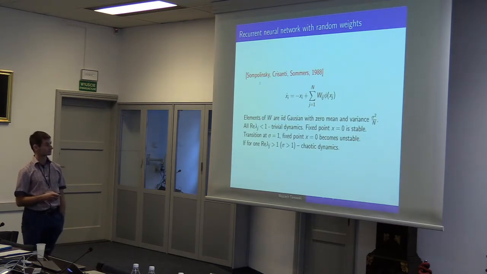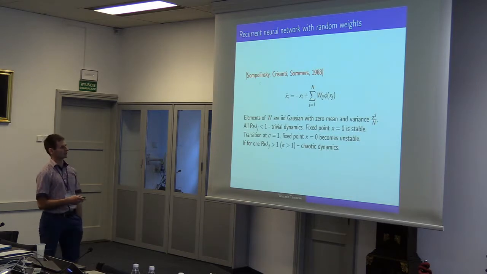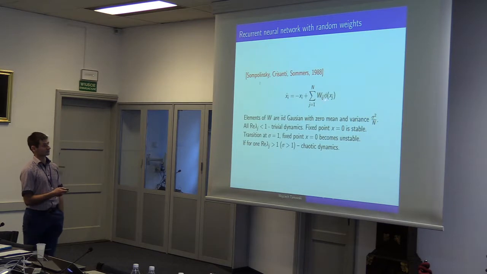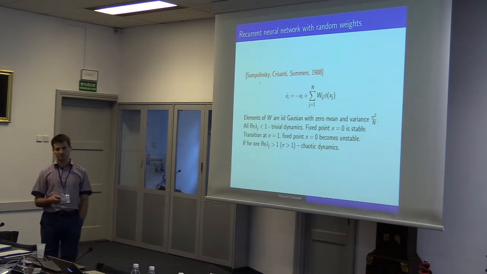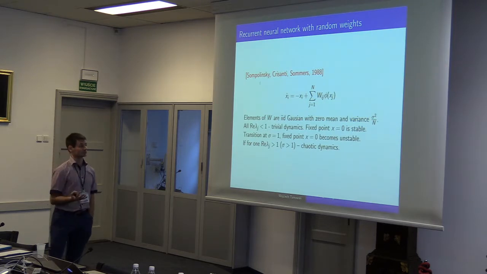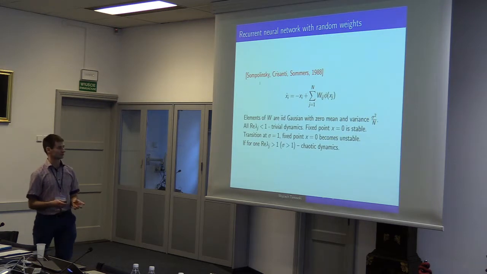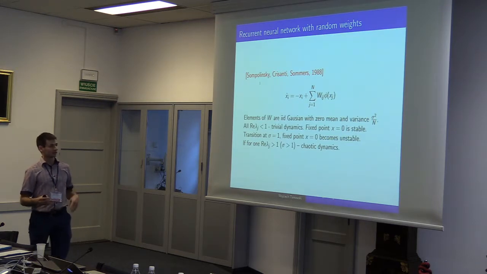Okay, so 30 years ago, this problem was considered by Sompolinsky, Crisanti, and Sommers, where they considered the weights of this network as just random numbers. They didn't think about training this. They just wanted to study the dynamics of this network because it's interesting by itself. It's a system of coupled differential equations with some nonlinearities.